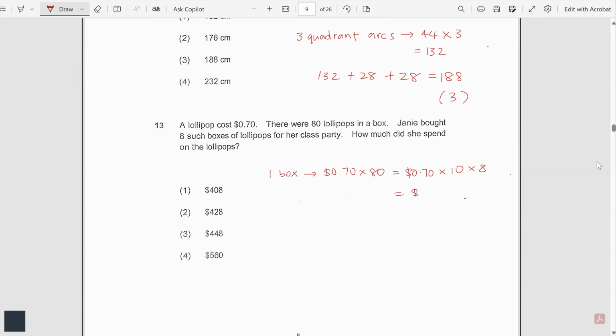So 70 cents times 10 is $7. And from here, it will be easy. This is $56. Here, there's only one box and we have 8 boxes. So multiply 56 by 8. $448. Answer option 3.